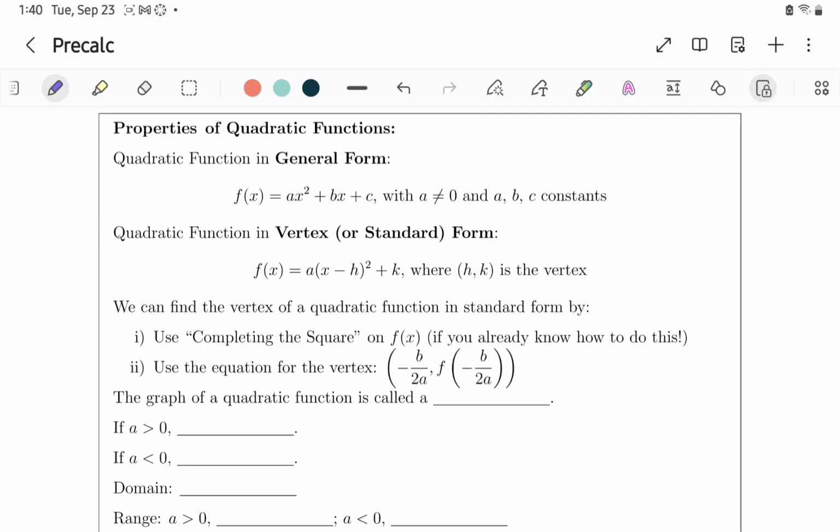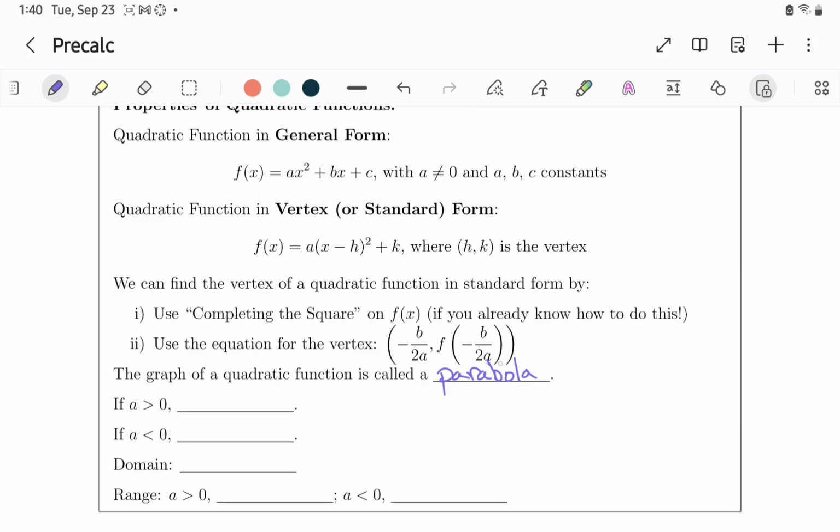And so the graph of a quadratic function is called a parabola, which is going to look like either an upwards facing u or a downwards facing u.